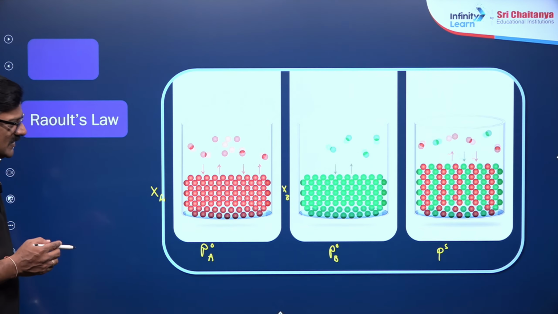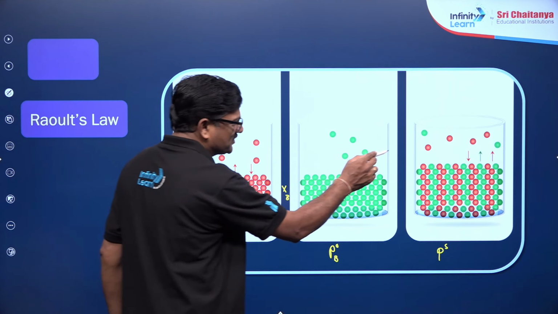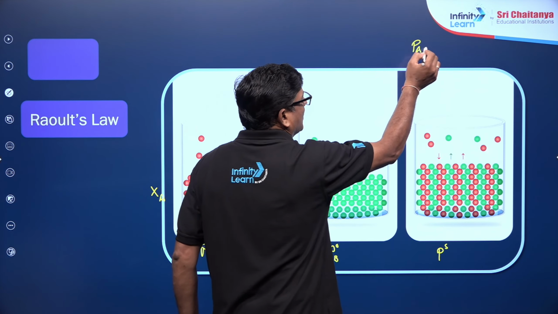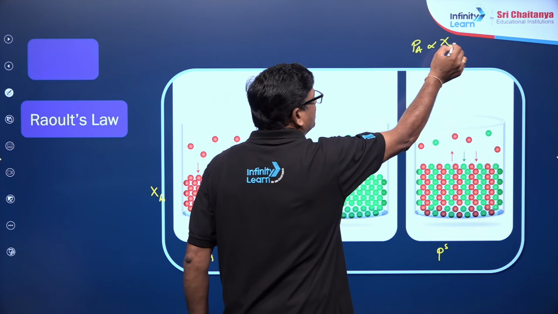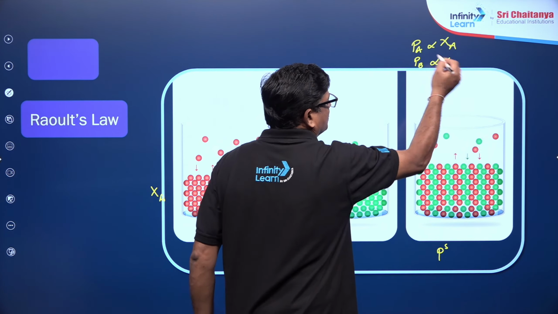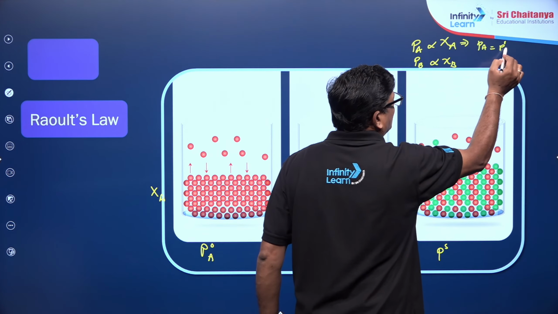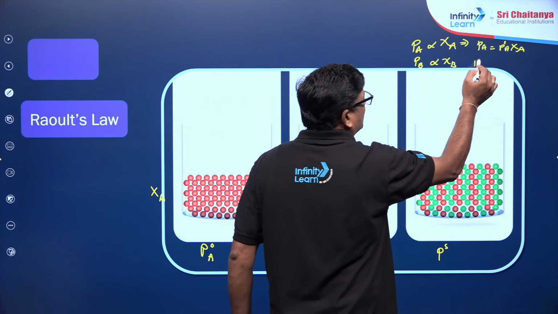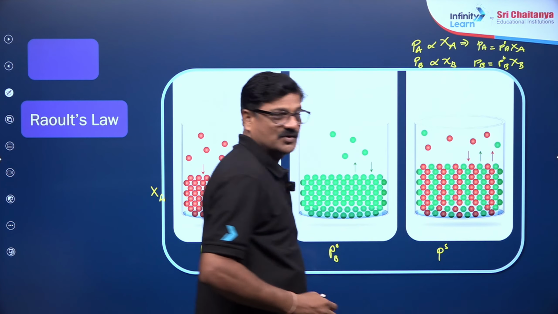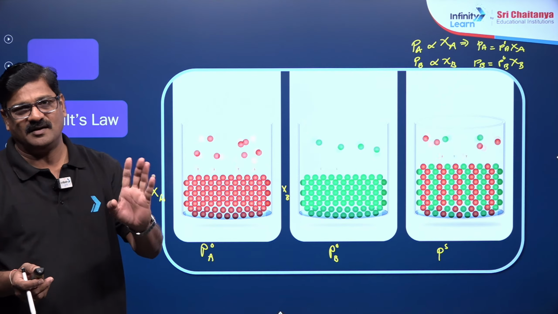So the partial vapor pressure of A, called PA, is directly proportional to the mole fraction of A, and PB is directly proportional to the mole fraction of B. So PA is equal to P naught A times mole fraction of A, and PB is equal to P naught B times mole fraction of B. What is the basic difference between P naught A and PA?